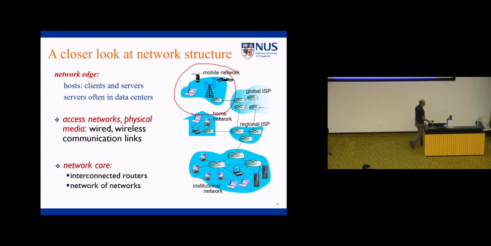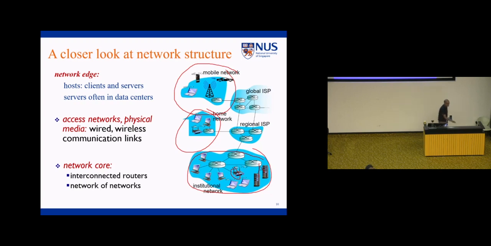Then this is a typical home scenario where Singtel, StarHub, or M1 provides you with the cable, and then you have a modem at home, and then you set up a router, Wi-Fi access point, and then you access the internet through that, right? And at the very bottom, you have something that resembles NUS or an enterprise. Here we have a mix of Wi-Fi that is provided to you. And in my office, for example, I have Ethernet and I can connect directly.